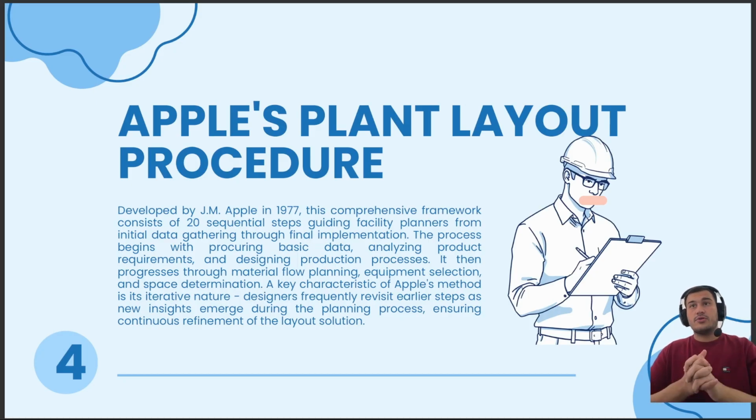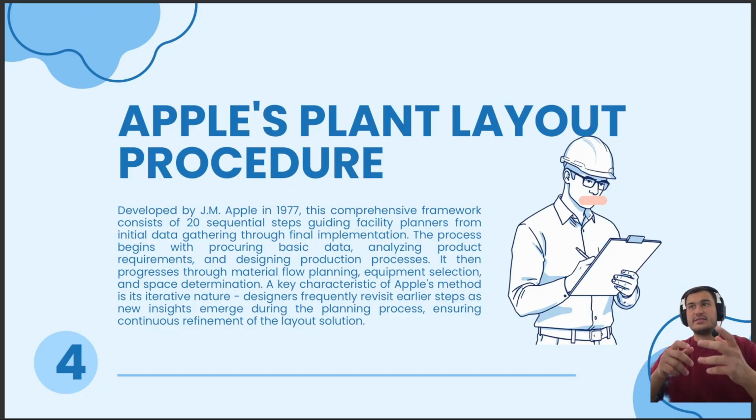Now we are going to talk about classic layout planning frameworks. The first one is Apple's plant layout procedure. This was developed by J.M. Apple. This is a very comprehensive 20-step framework.